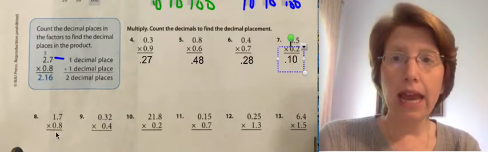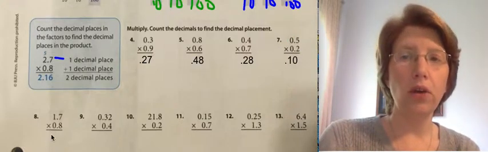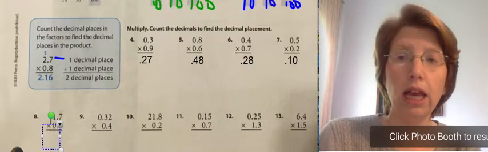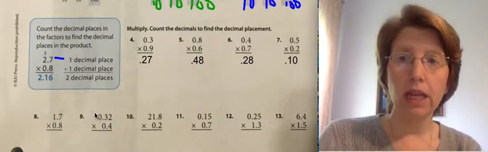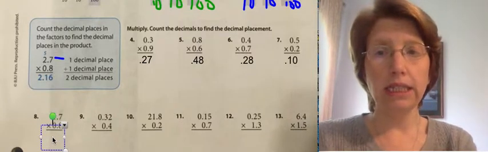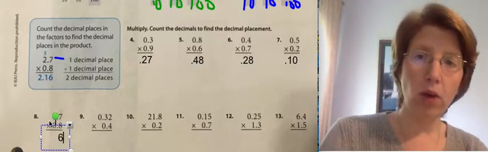Okay, now they give you more numbers down here, but you do it the same as you've always done it. 8 times 7 is 56. So you put the 6 down, and you carry your 5 above that 1 over there.